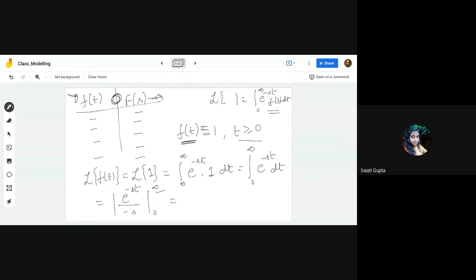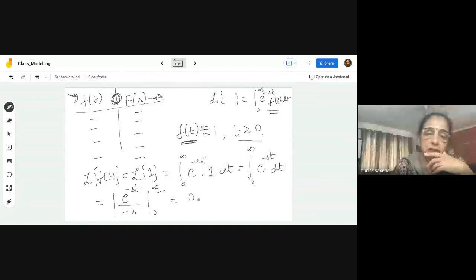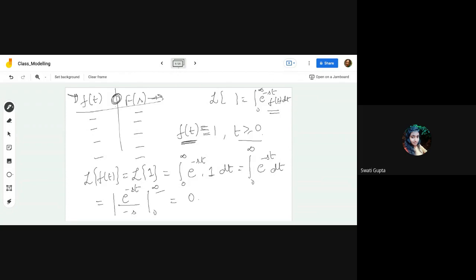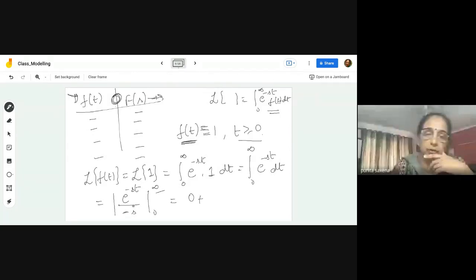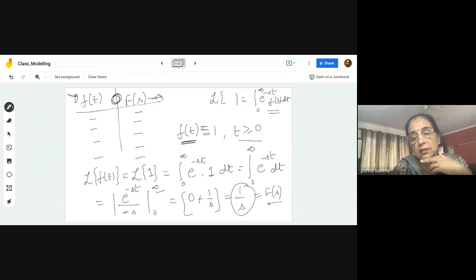It will be 0. Then the lower limit gives 1 by s. You already have a minus here, so it will be simply 1 by s. Isn't this a function of s? So it means that the Laplace transform of 1 is 1 by s. Is this clear?